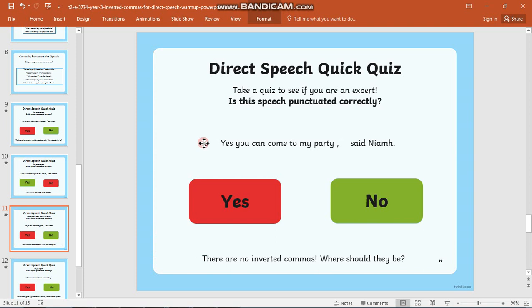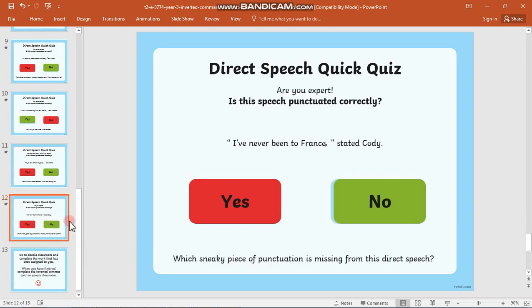So I'm going to place an inverted comma before the direct speech and after the direct speech. And again, as in the previous model, it comes after the punctuation and before the reporting clause.